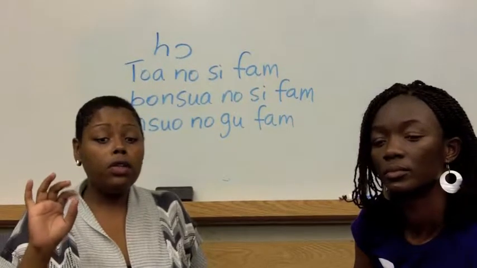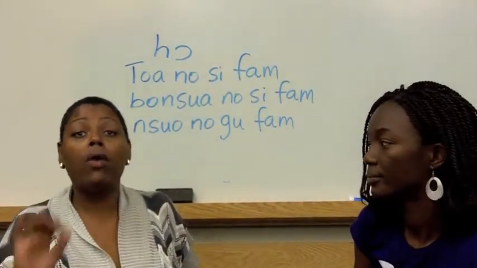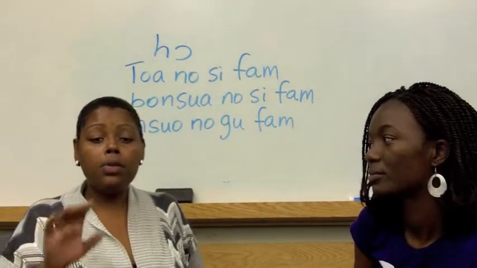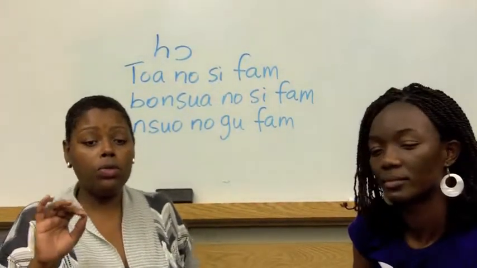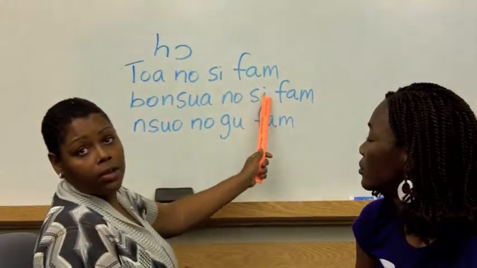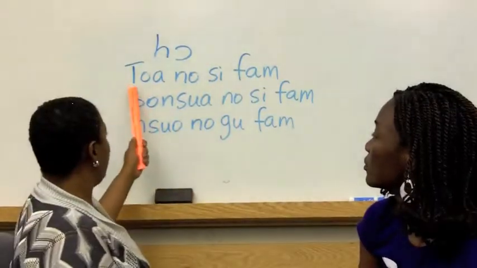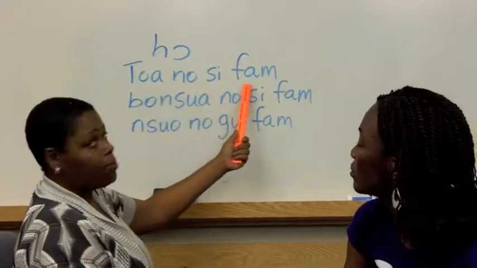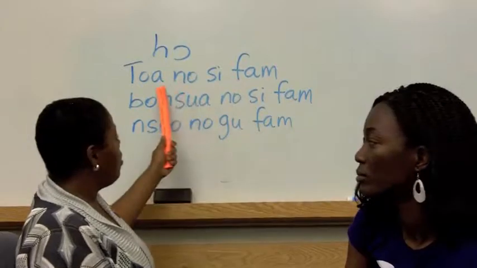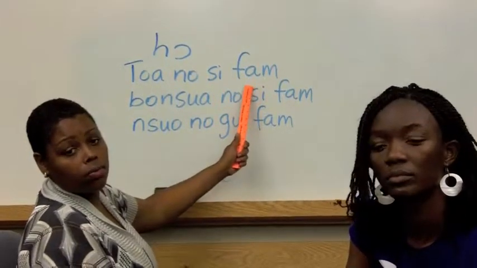The one real location that does not require you to mention part of the location is the ground. If something is positioned on the ground, you use fam to describe the location. Examples of this would be, I could say, toa no si fam, which means the bottle is located on its base on the ground.